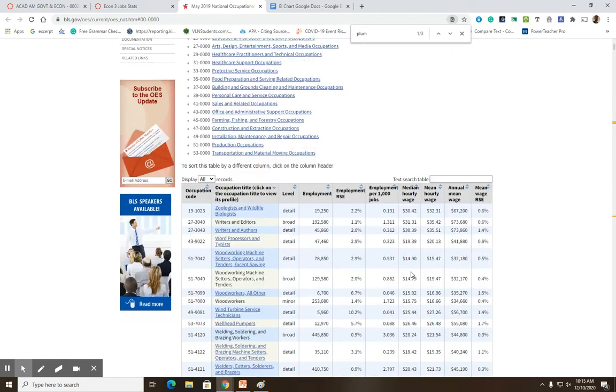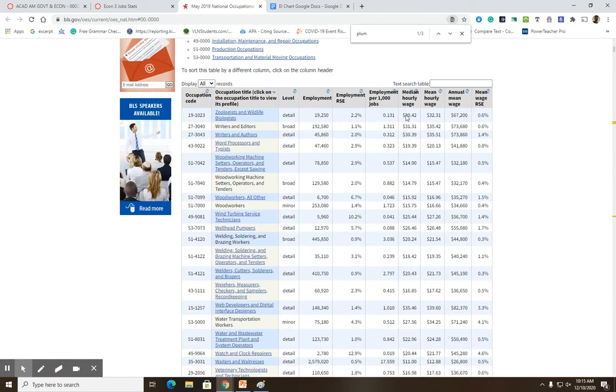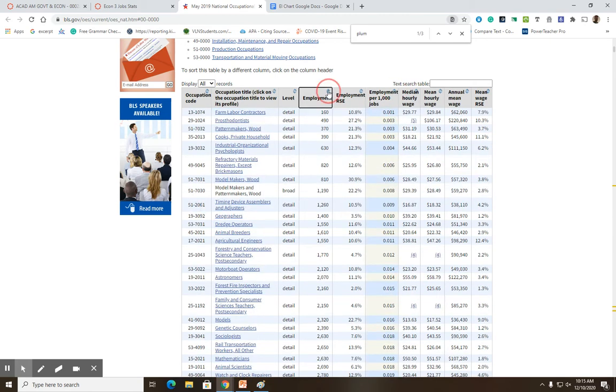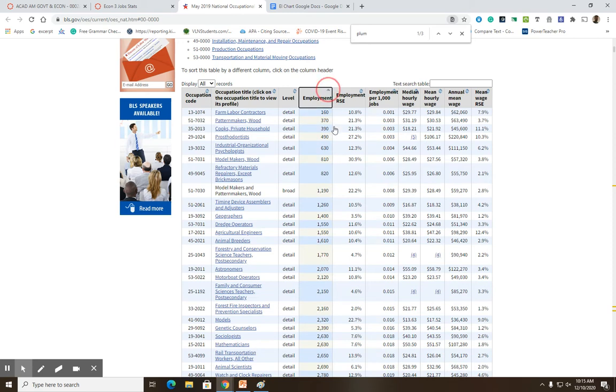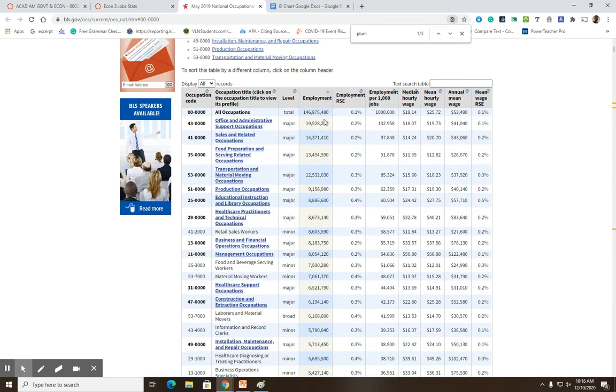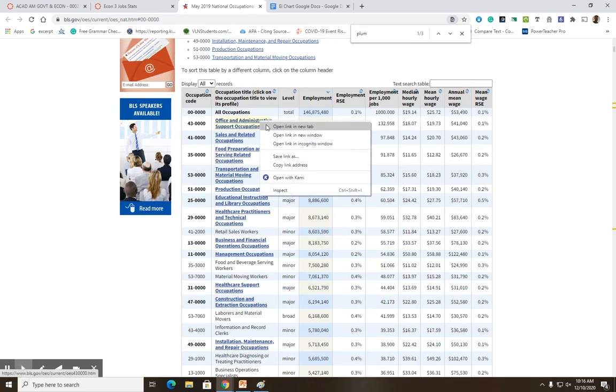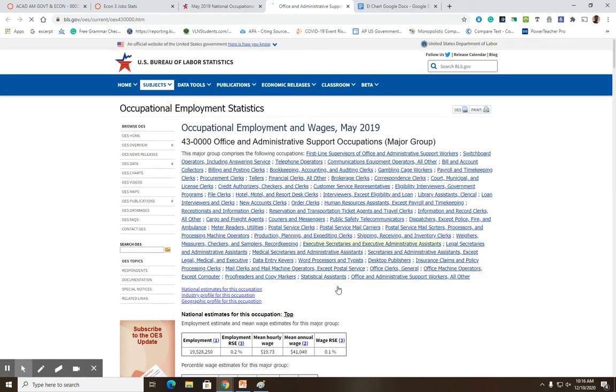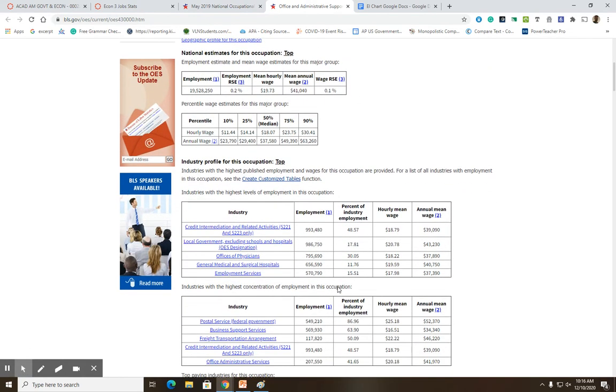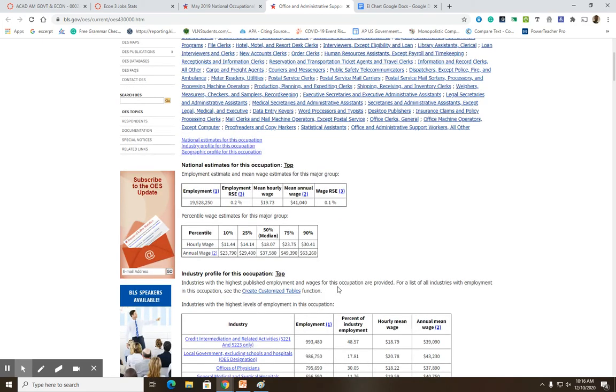You can also think, well, what is the most prominent occupation that exists? And that would be office and administrative support occupations. And you can click on all these, by the way, and look up more information about them.